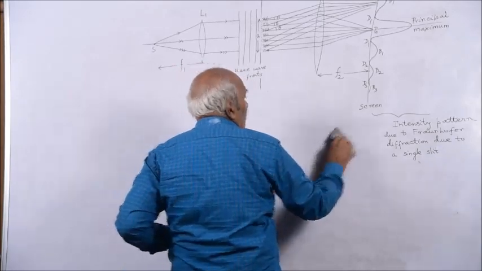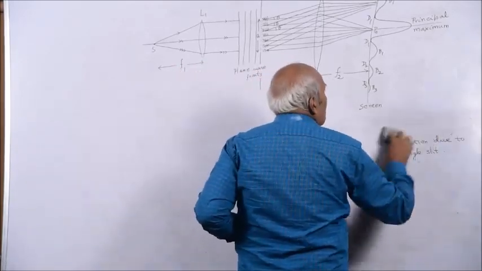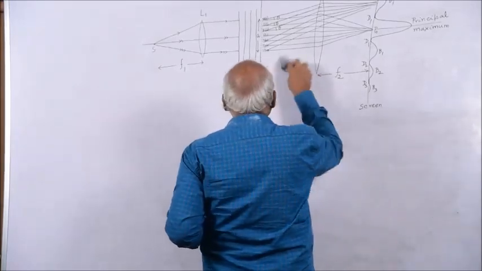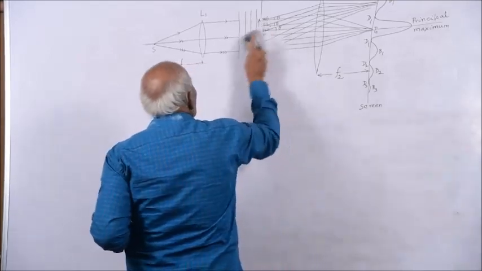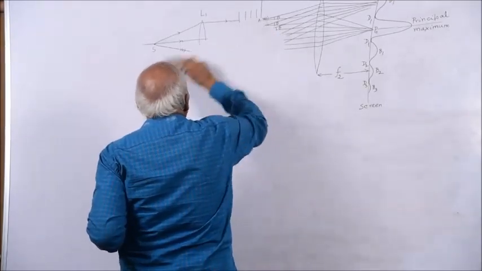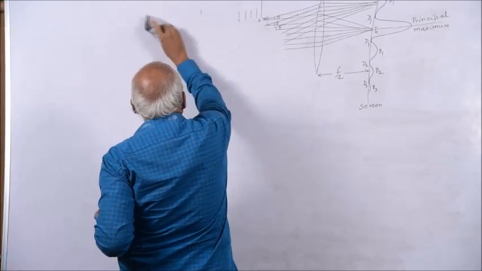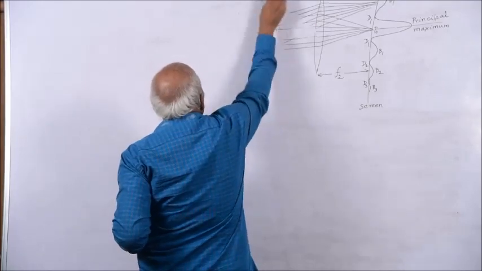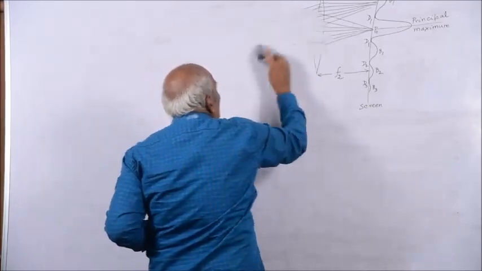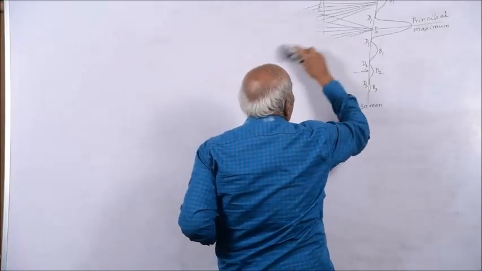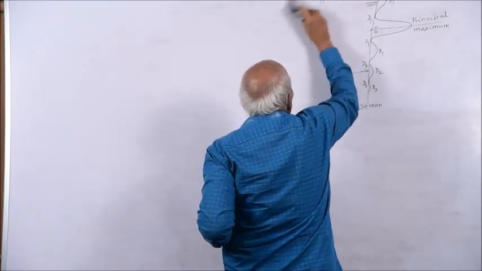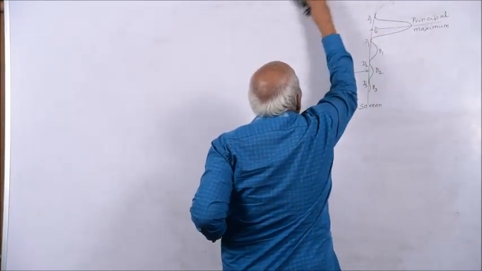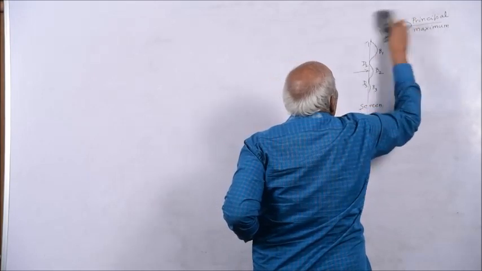Then we come to another phenomenon observed by the light, which can only be explained with the help of wave nature of light. And in addition to wave nature, the light wave must be transverse, then only this can be explained. So, that phenomenon is called polarization of light, and our eyes are unable to distinguish between this unpolarized light and polarized light.